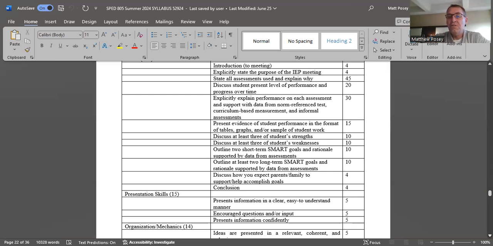Are you organized? Do you feel confident doing this? I mentioned, I believe it was last week, we're trying to give you practice doing this and presenting the information to your IEP team and being organized and structured. And we're looking for the ebb and flow of the meeting.